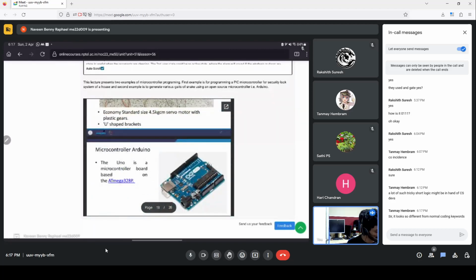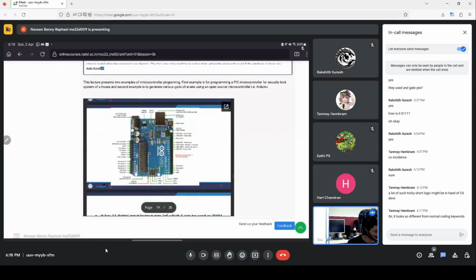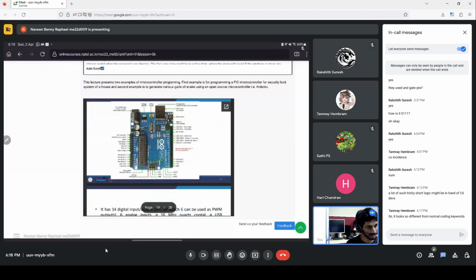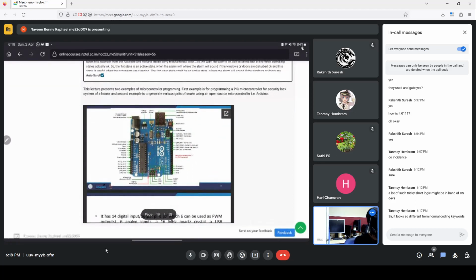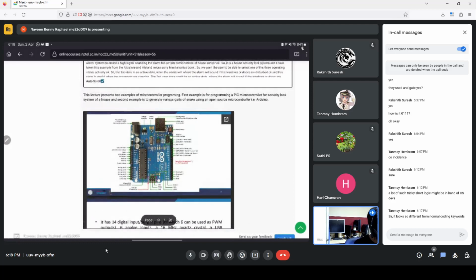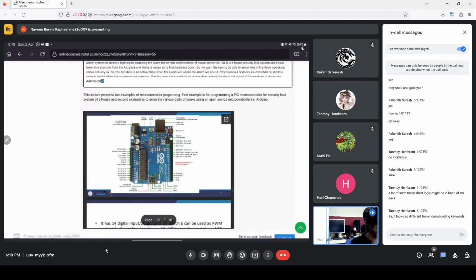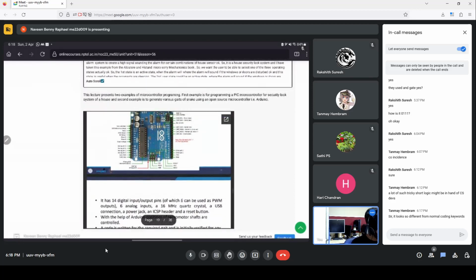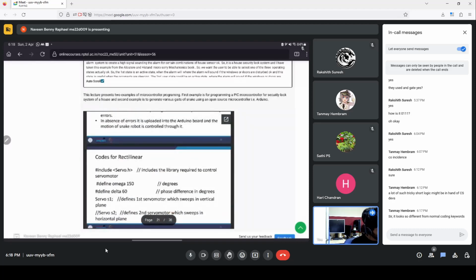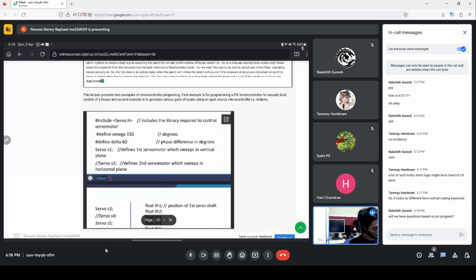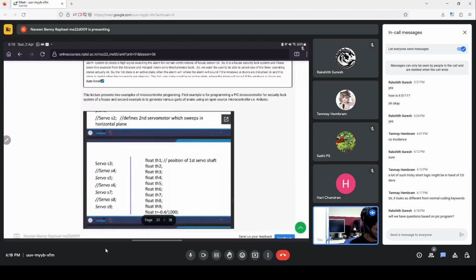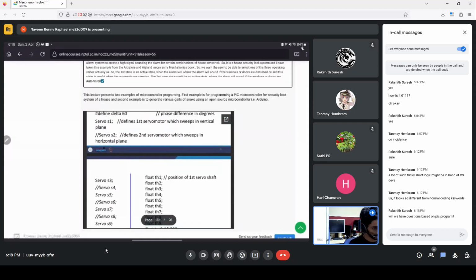He used the ATMega 32 pin, which has all the pins and a lot of things, and he has written the code in this manner. So he defined all the servo motors.